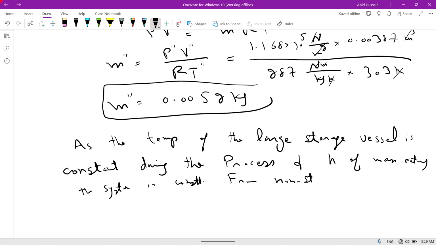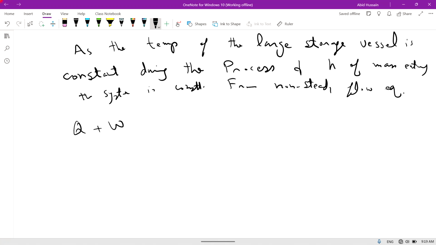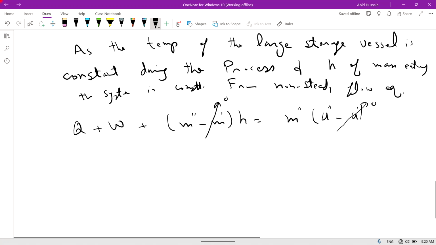From the non-steady flow equation, Q plus W plus (m double dash minus m dash) into H is equal to m double dash u double dash minus u. m dash is 0 initially, and the volume of the piston is negligible, so these terms are 0.